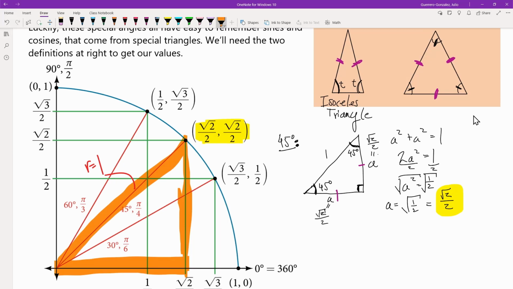Grab this triangle and place it right back where you found it, and hopefully you guys see why we get this. So then I'm going to go ahead and highlight these. This is this, and this is this. Done.